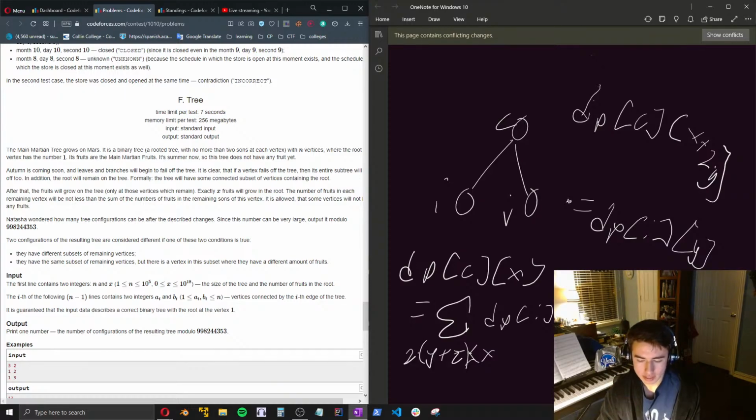Because this is the sum of these subtrees. We know that the current node has to then be equal to Y plus Z plus some amount.